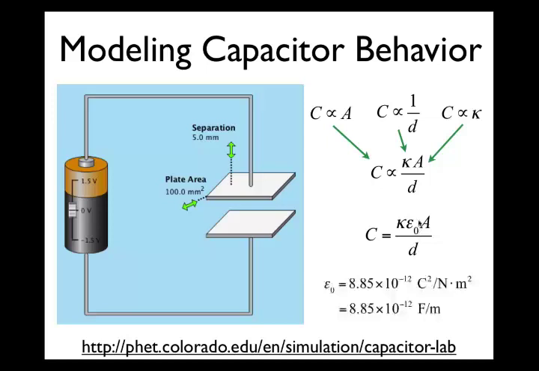It has a value of 8.85 times 10 to the minus 12th coulombs squared per Newton meter squared, or 8.85 times 10 to the minus 12th farads per meter. And so you can equate these and see that the farad, the unit of capacitance, is equal to a coulomb squared per Newton meter as well.